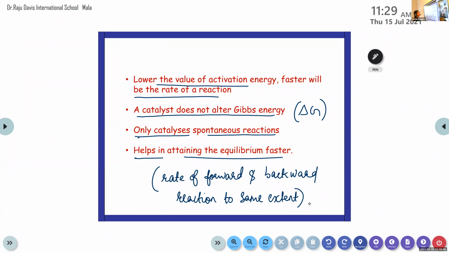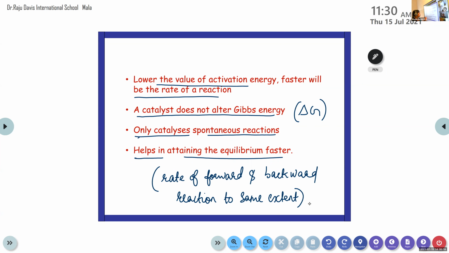It's only in the case of reversible reactions. Okay. Because the forward and backward reactions take place only in reversible reactions. Right? So here this catalyst helps in attaining the equilibrium faster. It does not alter the rate of forward or backward reaction alone, but it alters the rate of forward and backward reaction to the same extent.